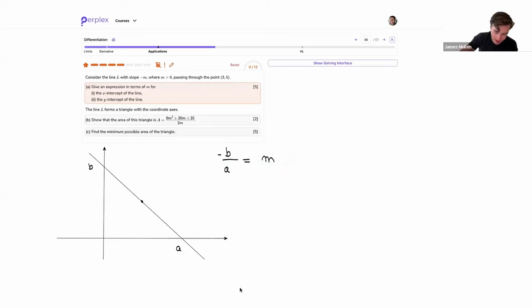I also know that the line passes through 3, 5, which means that if my line is y equals mx plus b, where b is the y-intercept, then I can say 5 is equal to 3m plus b, which tells me that b is equal to 5 minus 3m.